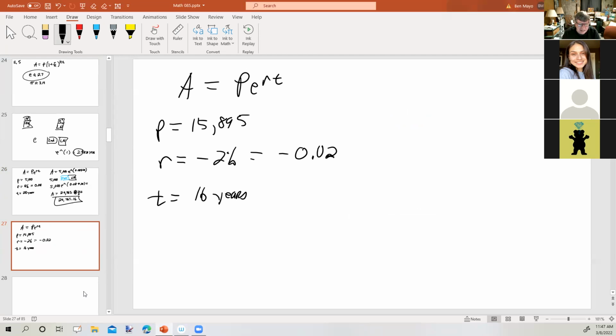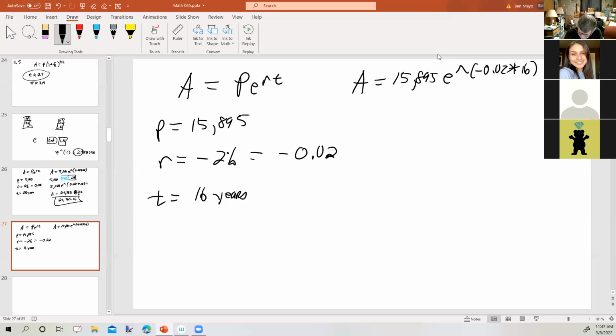So what do you think the -2% represents? What's going to happen in this case? Is this thing going to grow or shrink? Shrink. Right. So A equals 15,895 times e to the -0.02 times 16.